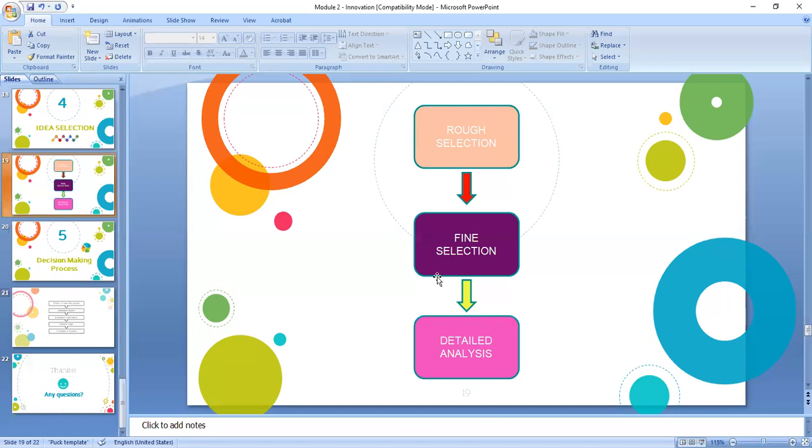So the 3 ideas will go through this fine selection. There are questions that you will generate yourselves. That way you will come up from the 3 with the best idea, the best innovation, the best modification of your product and service in the market. So from the fine selection process, from the 3, you now have the 1.